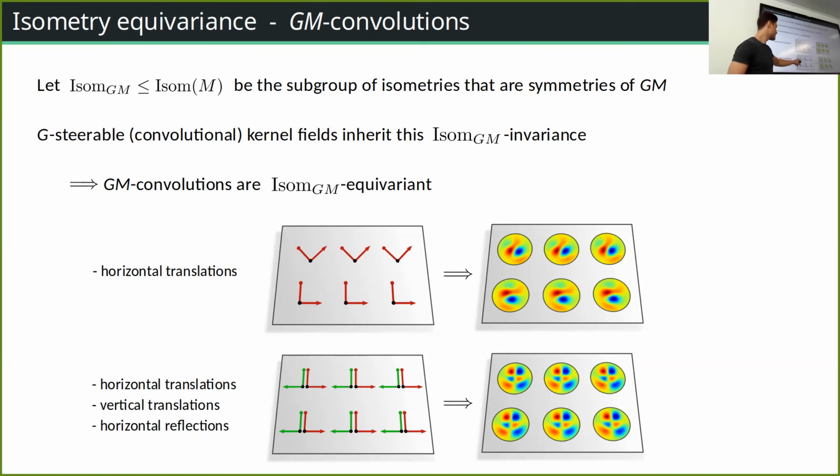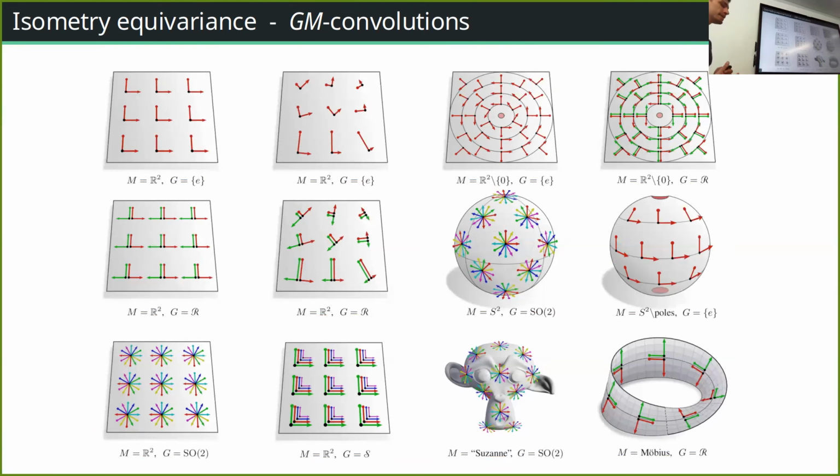And then you can, for instance, here use different frames which are reflected to each other, but due to the G-steerability, we have an invariance there. And so we have an isom-GM invariant kernel field, and this theorem from the last slide tells us that GM convolutions are isom-GM equivariant. And this is quite cool, since now you can just think about designing G structures if you want to design an equivariant network. So back to this slide here.